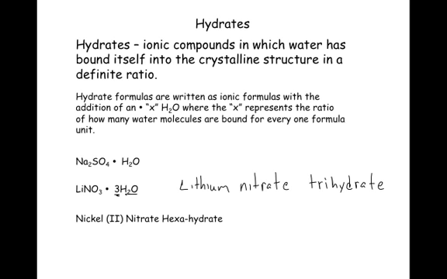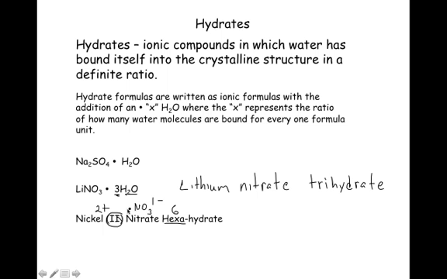And then lastly, let's go from a name to a formula. And so nickel Roman numeral 2 nitrate hexahydrate. So what does hexa mean? Hexa means 6. And so let's write the formula for nickel 2 nitrate. The Roman numeral 2 means we have a 2 plus on the nickel. The nitrate is an NO3, and that's a 1 negative.